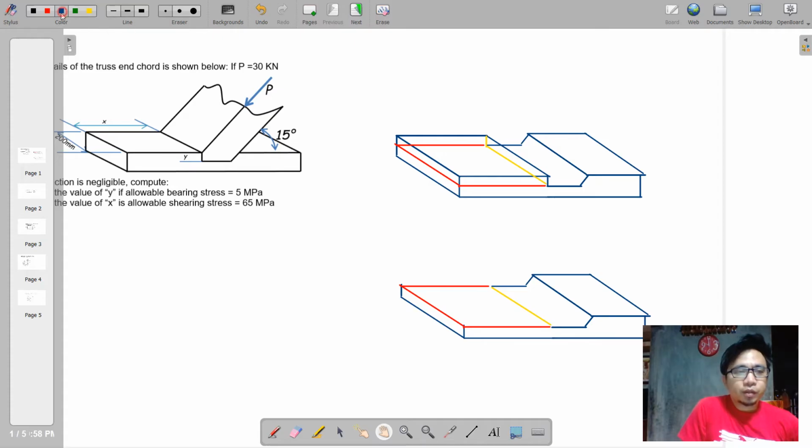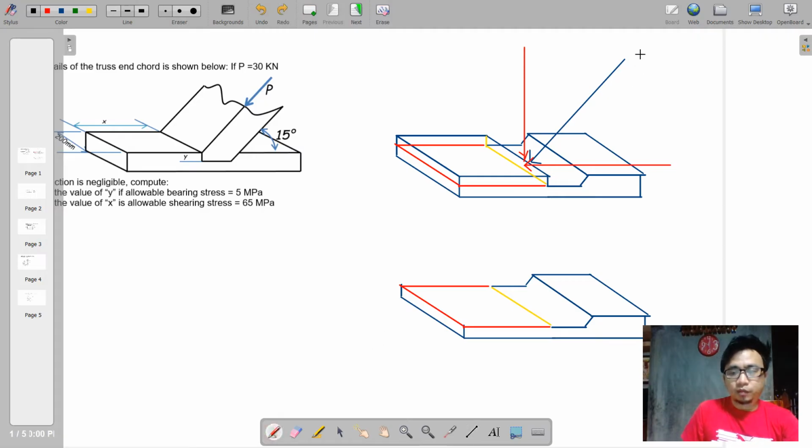So first, if I'm going to have my projection of the load here, say this is the load that is inclined. The effect is there will be a horizontal force and a vertical force that will be developed out of this P. So let us place here the value.